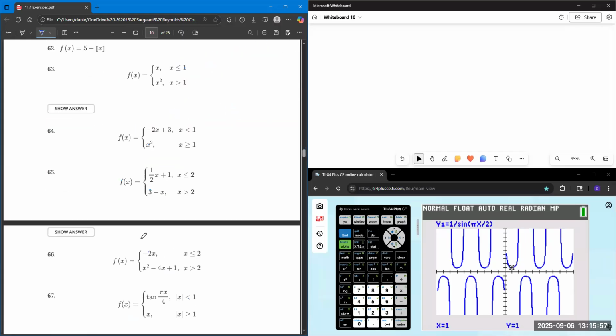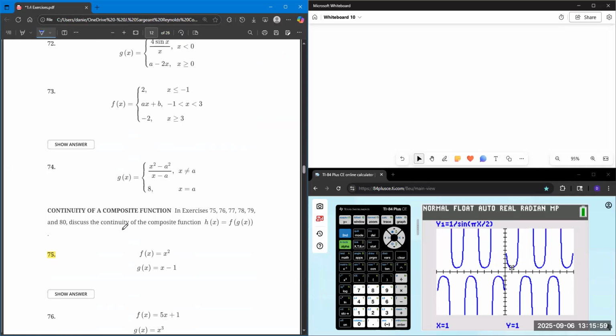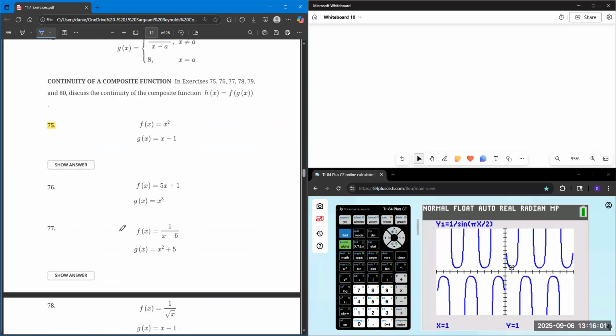It's going down to 75 now. Continuity of a composite function. So h of x is equal to f of g of x, where f of x is equal to x squared and g of x is equal to x minus 1.